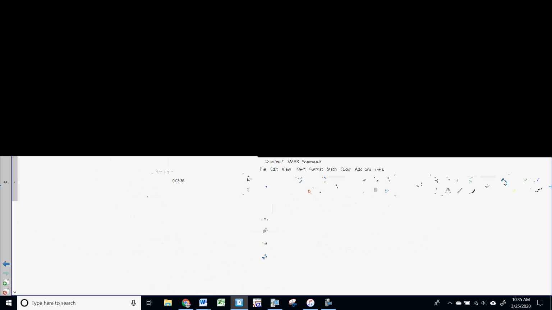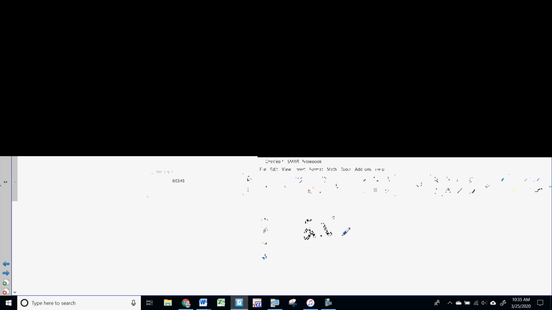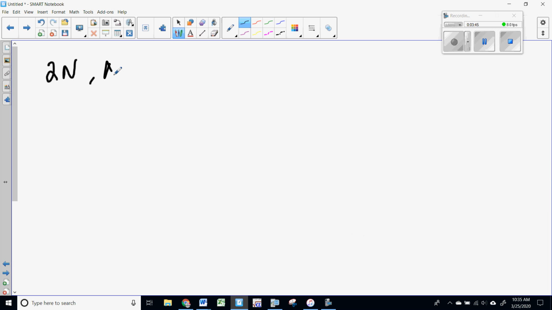So let's look at another example. Let's say I have two vectors, and I'm just going to use a force. So let's say I have a force of 2 newtons, and my angle is north 40 degrees west. And then my second force is 4 newtons of force, and this is east 20 degrees north.